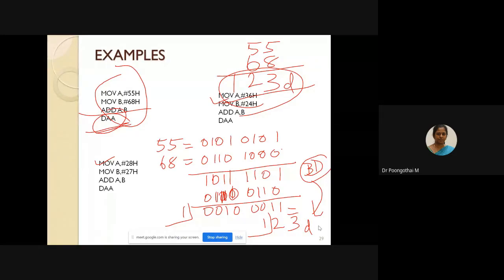So after adding 36 with 24, what is the answer according to the hexadecimal addition? 5A. So which one is to be adjusted? A is to be adjusted. LSB has to be adjusted. So you have to add 6 with your LSB. What is the answer after adjusting? 60. 60 is the correct answer.